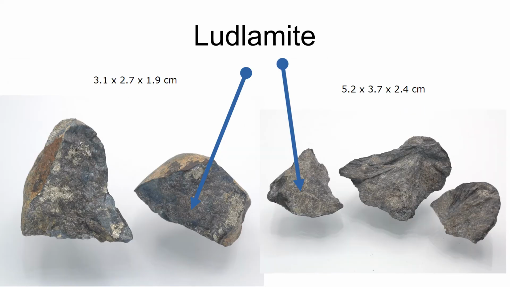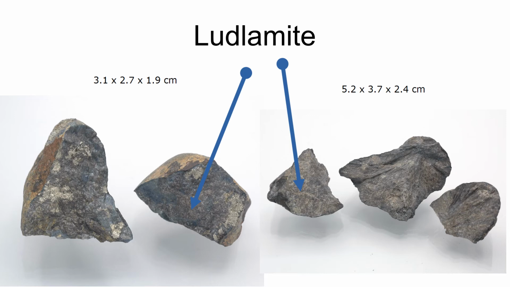Ludlamite is found and best identified by a platy appearance, almost cleavages, entirely anhedral, and usually occurring together with other phosphate species, especially marićite.